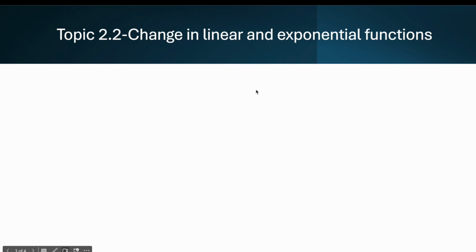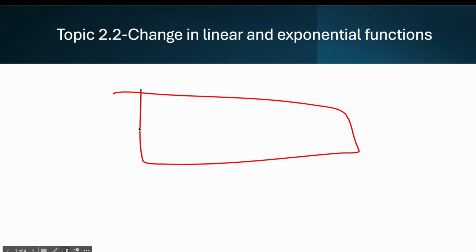So basically, topic 2.2, change in linear and exponential functions, is that if we use these things called input-output tables, and that's what this is, just a poorly drawn input-output table, our input is going to be x, and our output is going to be f of x.